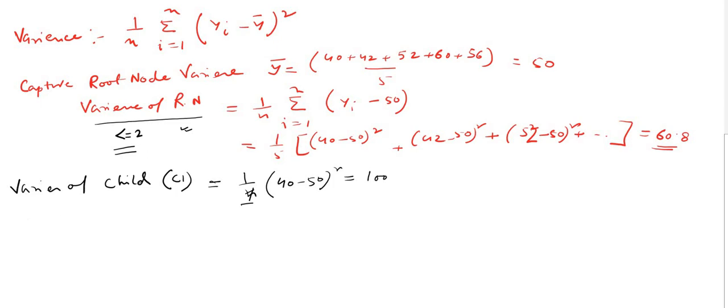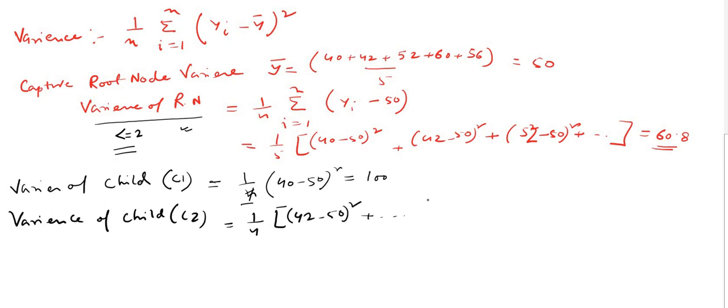And now the variance of child c2, it will be 1 by 4, and then following the same logic, 42 minus 50 whole square plus and so on, so 64 plus 4 plus 100 plus 36, and then this will come as 51. So we calculated all the variance.